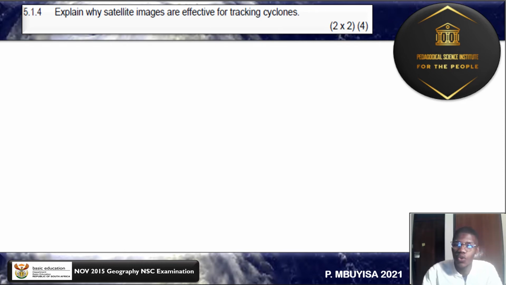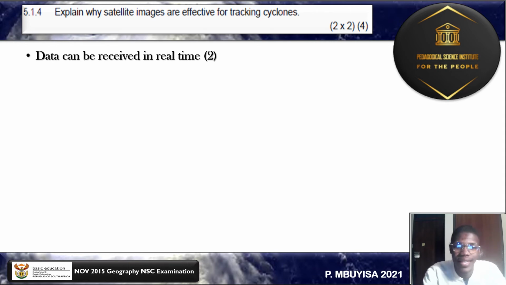They also allow you to look at what possible effect that may have on people, and we are able to track the movement of the cyclone to see which areas it is possibly going to affect, so we can create evacuation plans and take necessary precautions to avoid the detrimental effects of the cyclone.